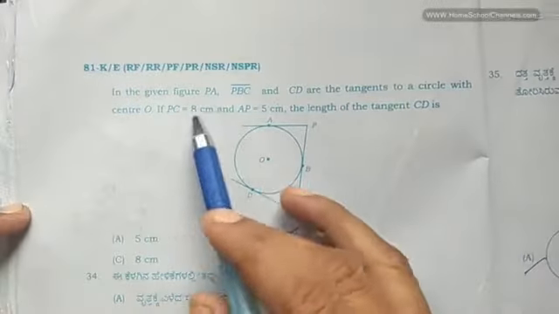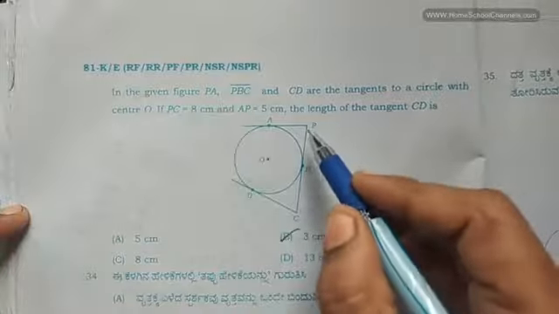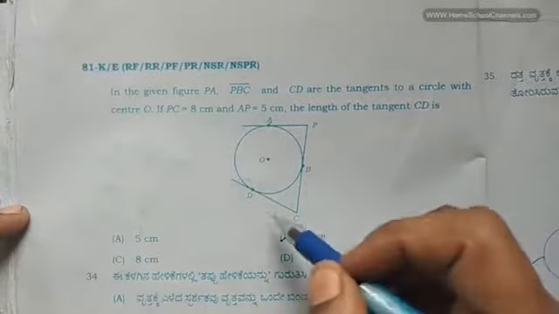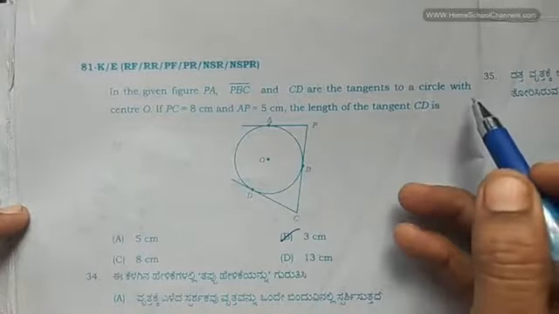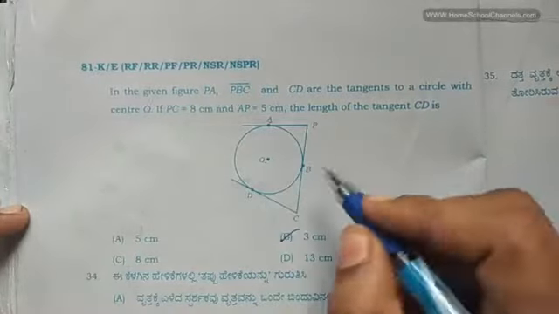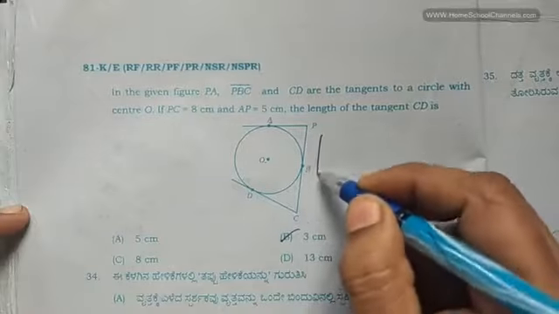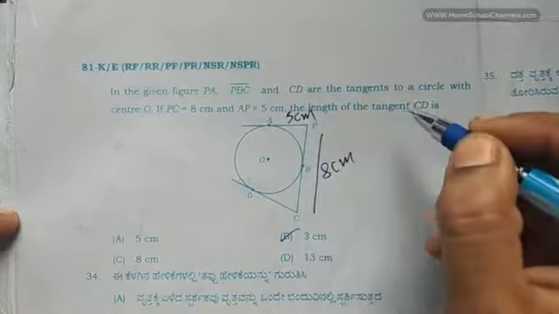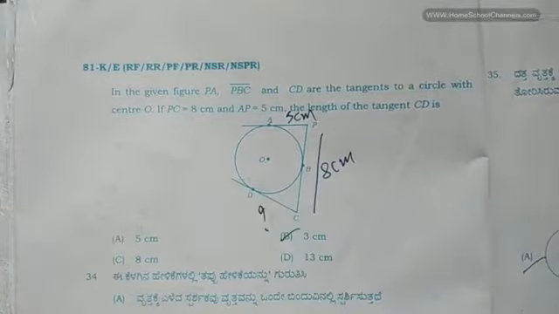33rd one, in the given figure PA, PBC is a line and CD are the tangents to a circle with center O. If PC is equal to 8 centimeters and AP 5 centimeters, the length of tangent CD is your question.